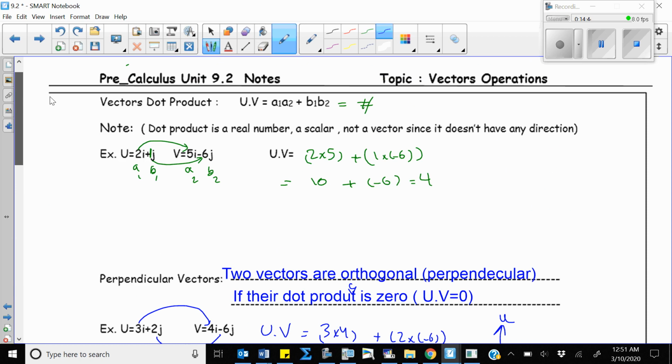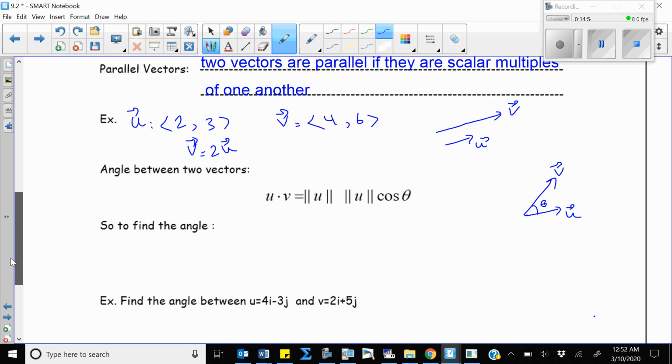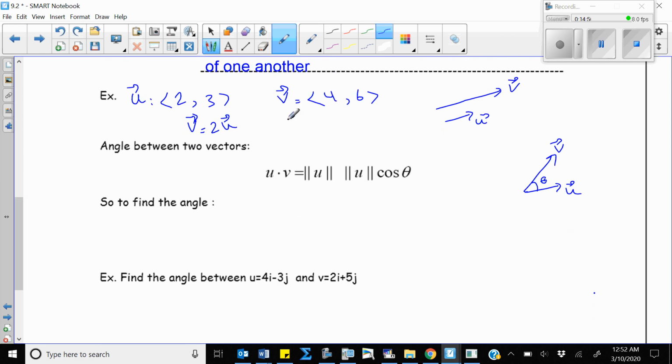One of them is this one that we see here. We use this when we have the x and y components like a and b. And the other one is this one. This one is used when we have the magnitude and the angle between the vectors.